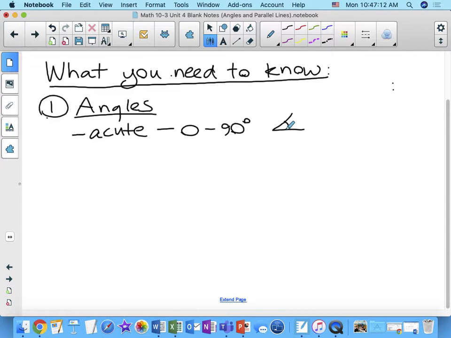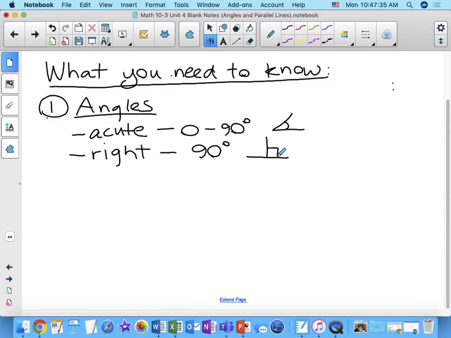Yes. The next one is a right angle. And what is a right angle? Yeah, 90 degrees, yes. Okay, there we go.